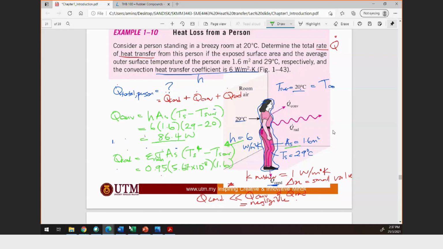Multiply by T_s, which is 29, so you need to change into Kelvin. 29 plus 273 is about 302 Kelvin to the power of 4 minus 20 plus 273, 293 to the power of 4. And the value is about 81.7.